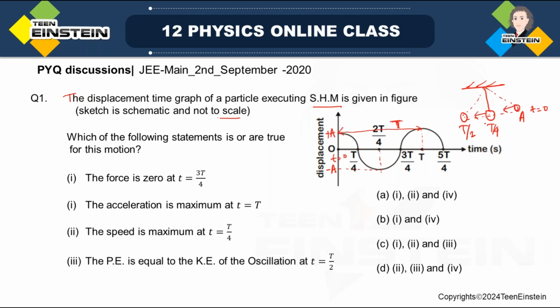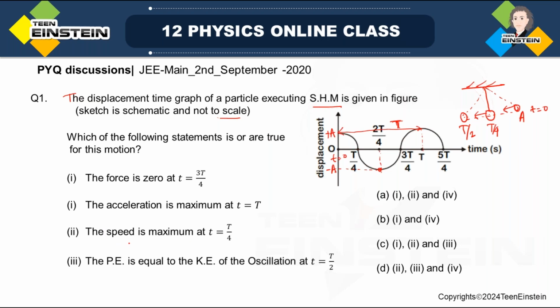Look here, at T by 2 the displacement should be maximum again, but on the other side. Look, this is the T by 2. So the displacement is A by 2. Now let me see the options here. What is there at T by 4 and T by 2? Then we will analyze this simple pendulum again.